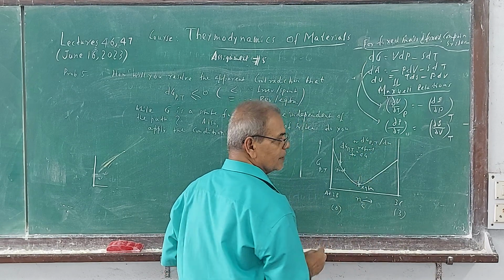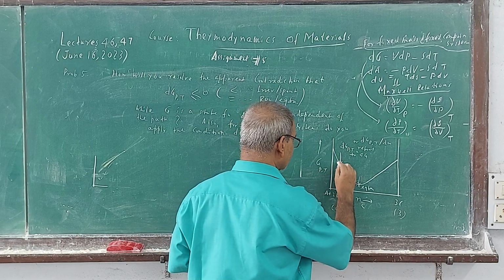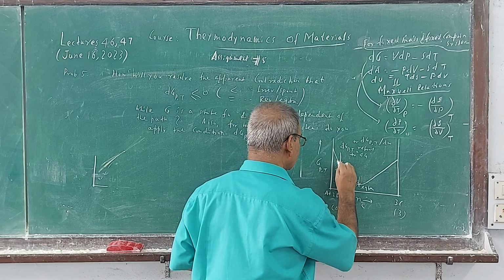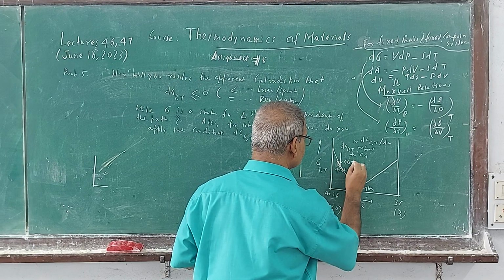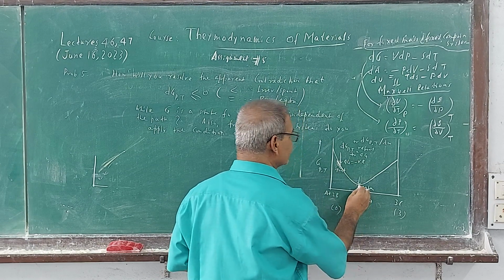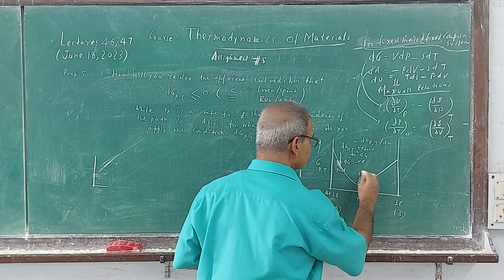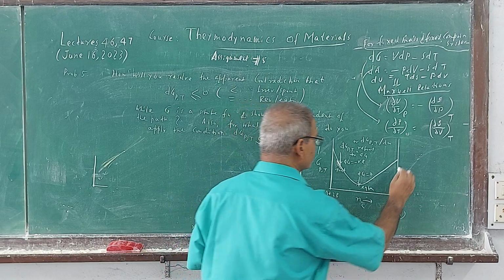That means this is the slope. What is the meaning of this? Delta G is negative. And where this is 0, what is the slope? What is delta G, if you ask me?